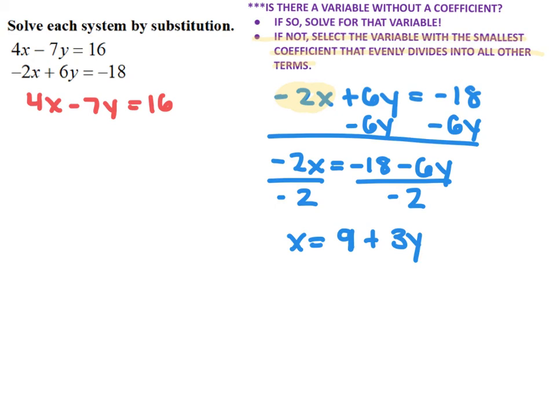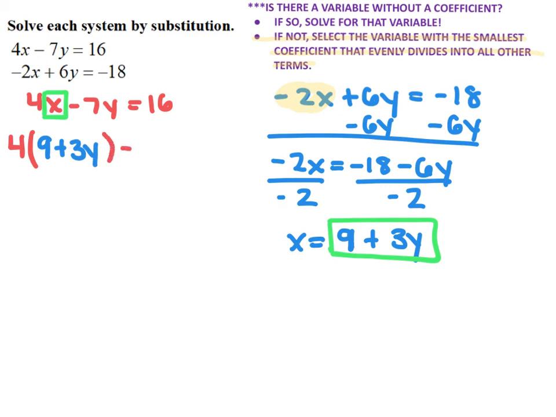Now you're going to take this entire expression of 9 plus 3y and plug it in for x in the other equation. So it'll become 4 times 9 plus 3y minus 7y equals 16.